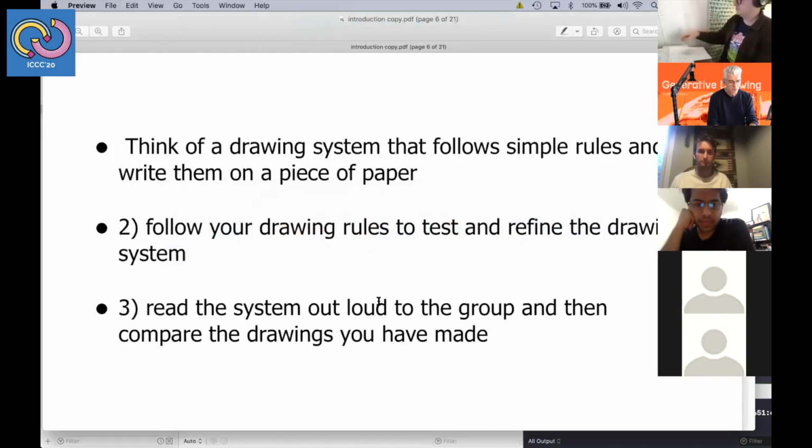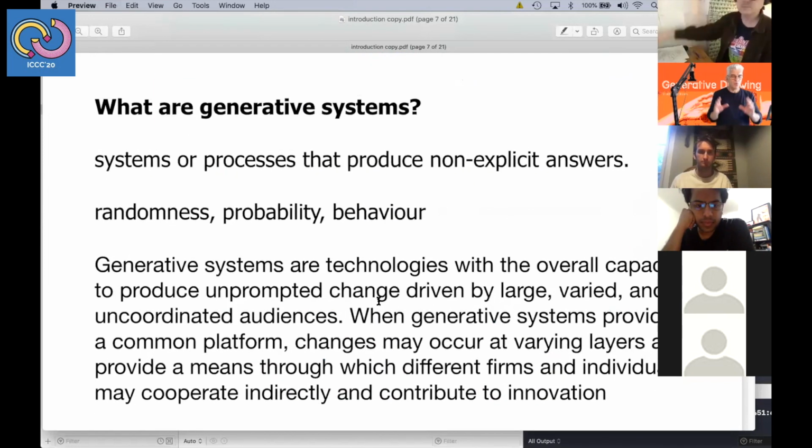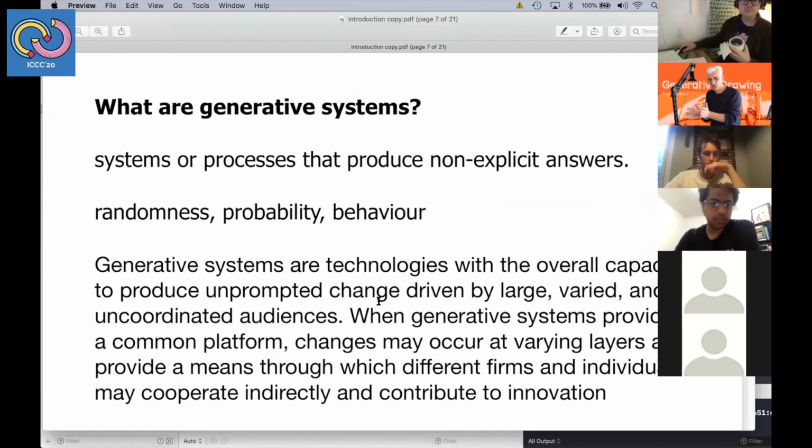And I want to talk about generative systems. From my perspective, and there are many different ways to describe them depending upon what arena you're looking at, whether art and design or systems engineering or other things, they produce non-explicit answers, they're necessarily divergent, we have usually simple rule sets, but they generate complexity, and they work out of randomness and aspects of probability, generating behavior.